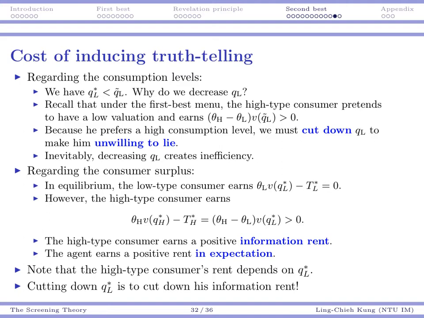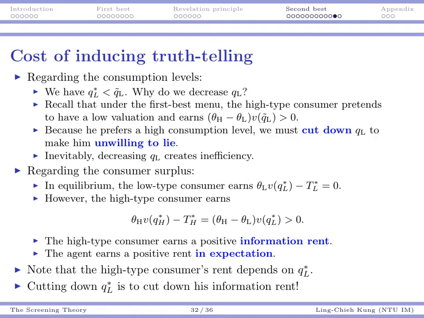So that's the main reason to decrease QL. Even though it creates some inefficiency, even though it disallows us to earn as much as in the past from the low type, that's going to help us get profit from the high type. So the main reason to decrease the low type consumption level is because I want to cut down the rent obtained by the high type consumer.